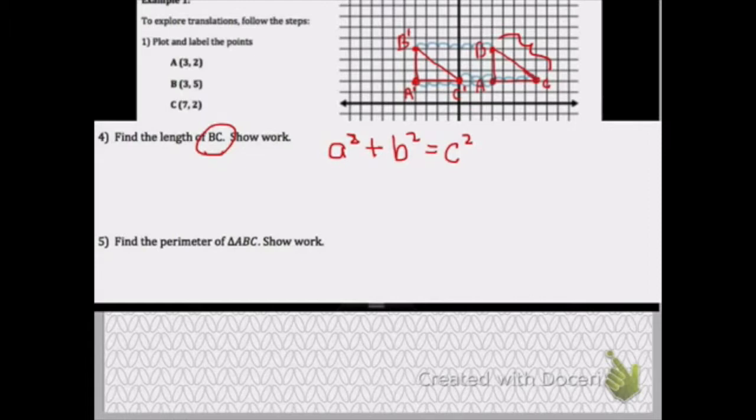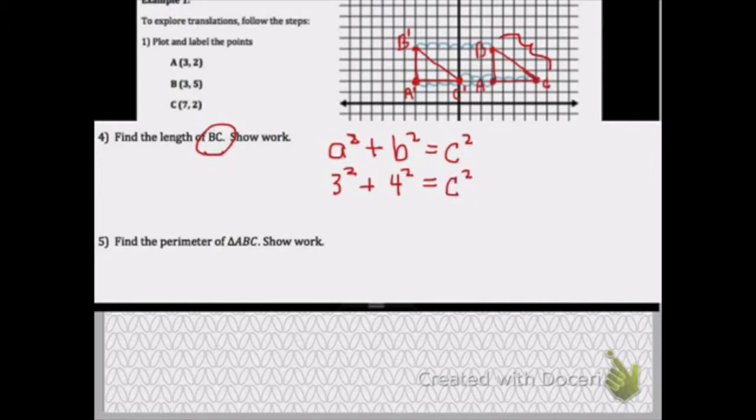So the length of A would be the length of one of the sides. I'm just going to go with the shortest side, and that side has a length of 3 units. B would be the other side of the right angle, and that has a length of 4 units. And we're looking for the hypotenuse, so that stays a variable.